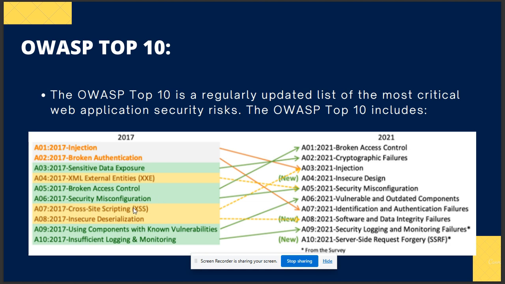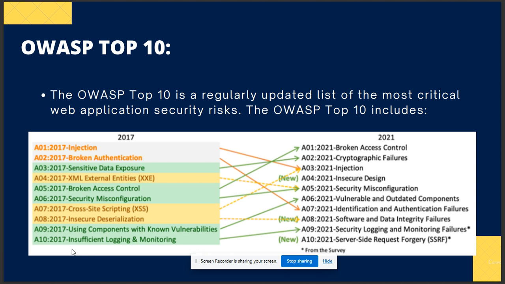And the seventh one is cross-site scripting. These vulnerabilities allow attackers to inject malicious scripts into web pages viewed by other users, leading to session theft or defacement. Eighth one is insecure deserialization. This occurs when untrusted data is deserialized, leading to potentially harmful consequences such as remote code execution. And the ninth one is using components with known vulnerabilities. Integrating third-party components with known vulnerabilities can expose the applications to attack. So we need to update regularly and we have to patch the system.